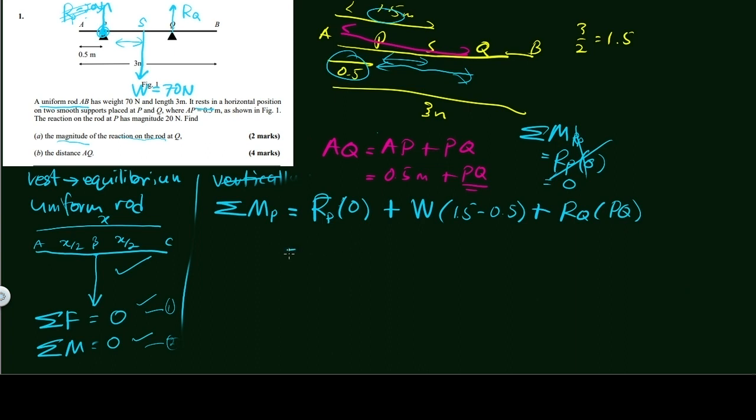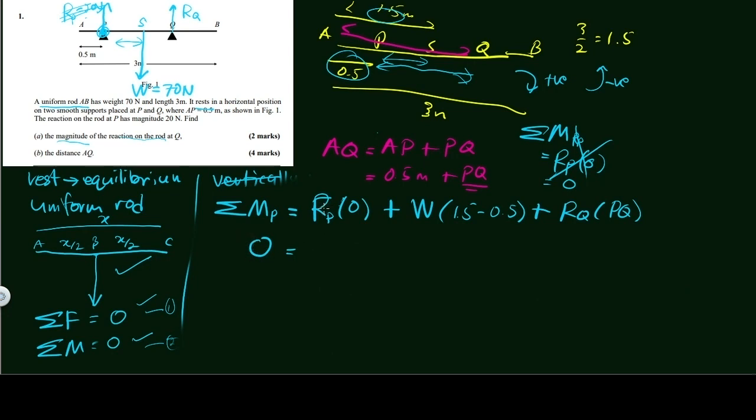Then we need to determine whether each value is positive or negative. You can take clockwise as positive and anti-clockwise moment as negative. It's up to you. The total moment should equal 0 since it is in equilibrium, or at rest.